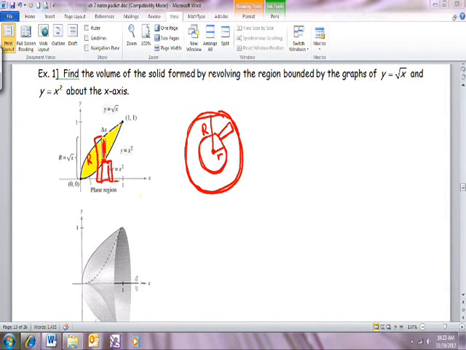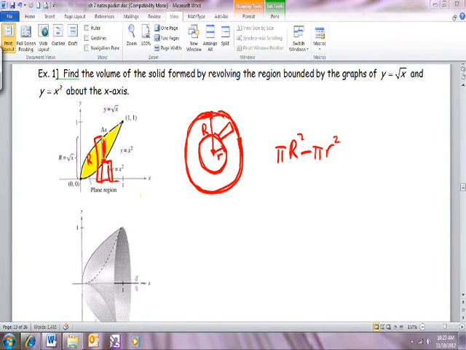So let's think back to geometry. If you want to find the area of this donut shape, we're just going to take the big radius, the big circle, minus the little circle. So as far as that goes in geometry, it would be pi big R squared minus pi little r squared.